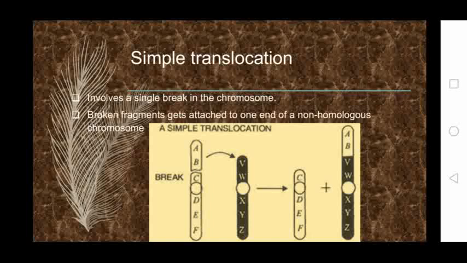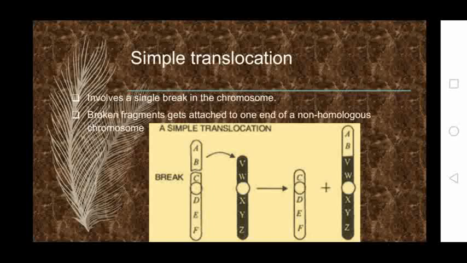Simple translocation involves a single break in the chromosome. In that picture you can see a single break occurs after the gene B. So we have A, B, C, D, E, F. These letters represent genes.